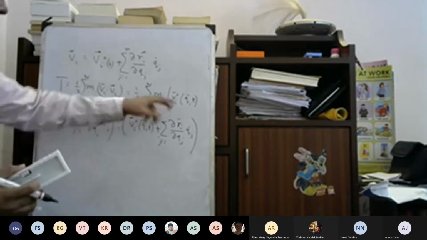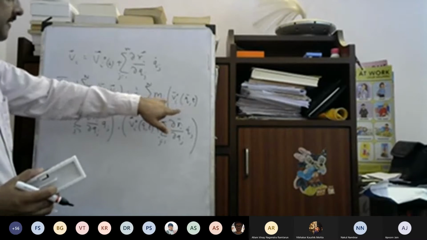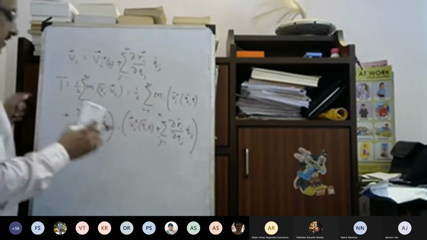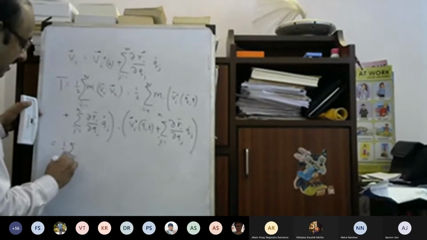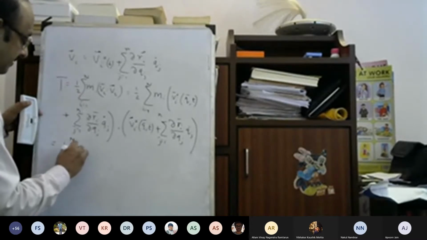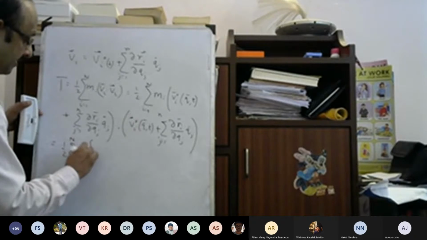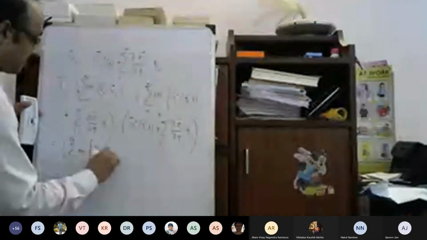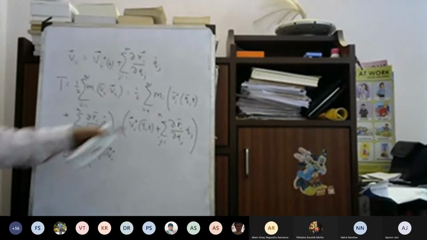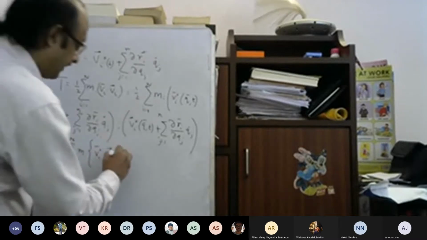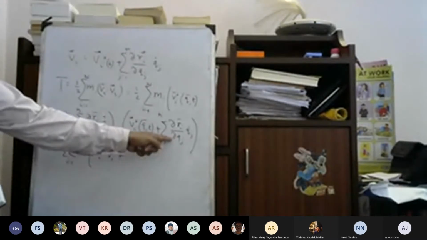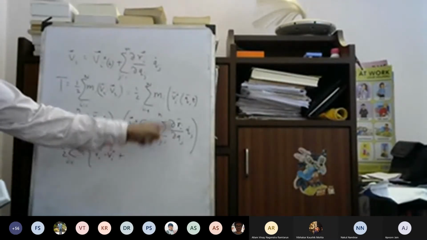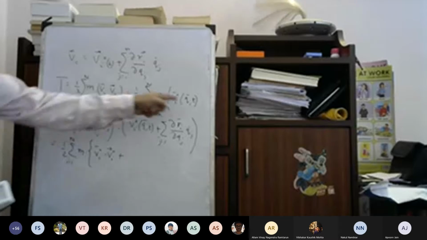So the first term will be vi naught dot vi naught, equal to half, sum over i equal to 1 to n of mi, then vi naught dot vi naught. That is done. Then what will happen? Vi naught dot this part, and then this.